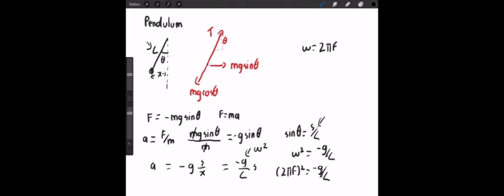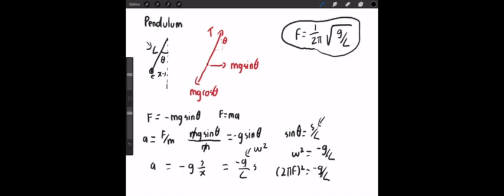We can rearrange all that and we can get the final formula. I'll just write it up here, which is going to be the frequency is 1 over 2 pi square root g over L. And that is the second equation that we need for this.